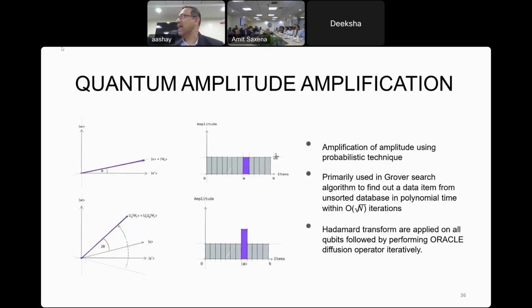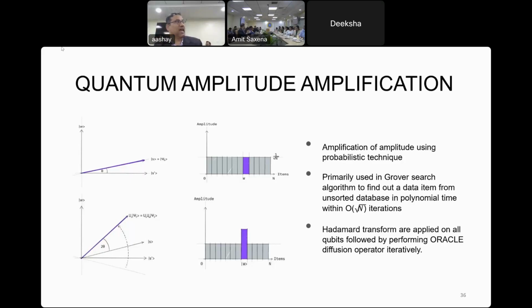The estimation of root n operations comes from this geometrical description of the amplitude amplification algorithm. With this you will ultimately reach the orthogonal state. Now if we measure, this will be 0 and this will be 1, because these are oriented towards 0 and this is oriented towards 1.